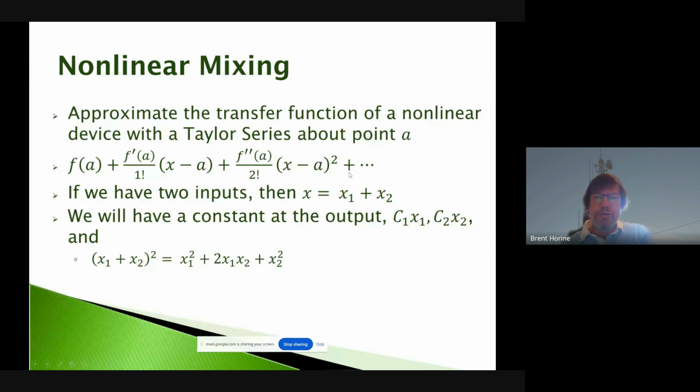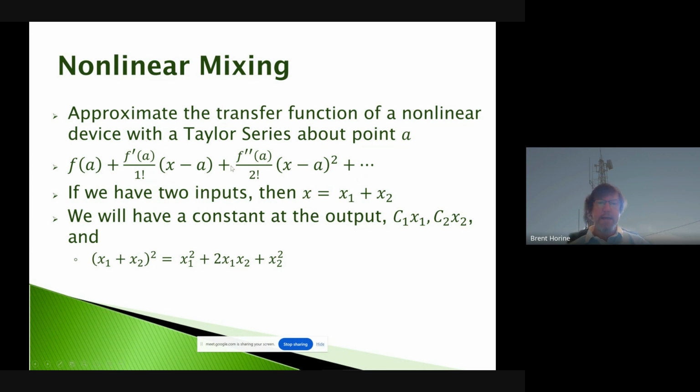we're just going to look at this squared term here, right? So let's say we have two inputs into a circuit. Then we'll have a constant at the output. We'll have each of these multiplied by some gain. Here I use C1 and C2.